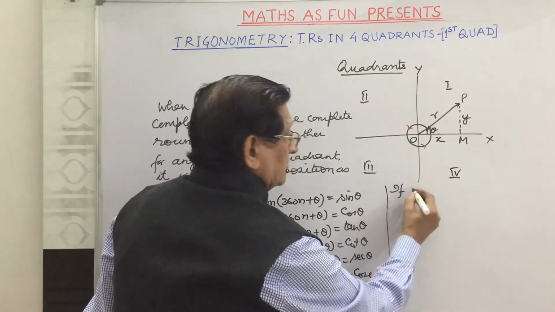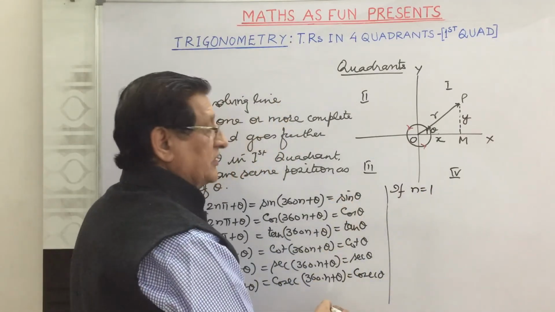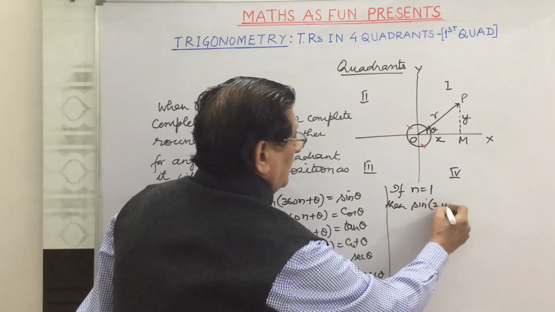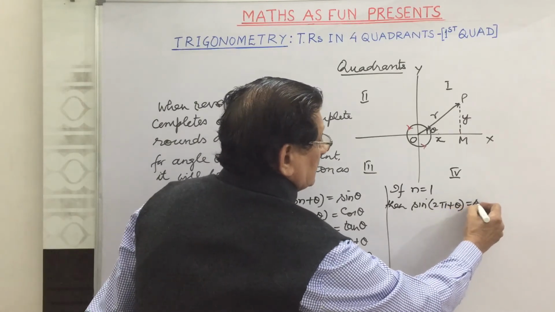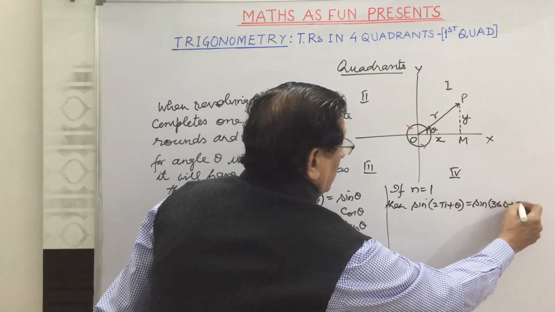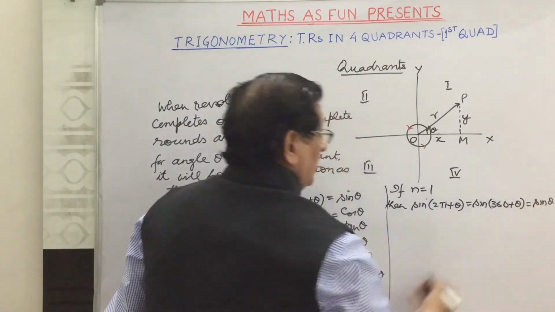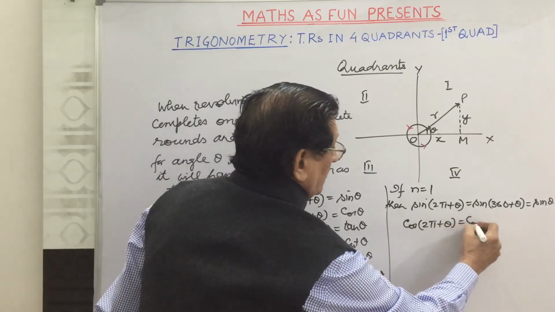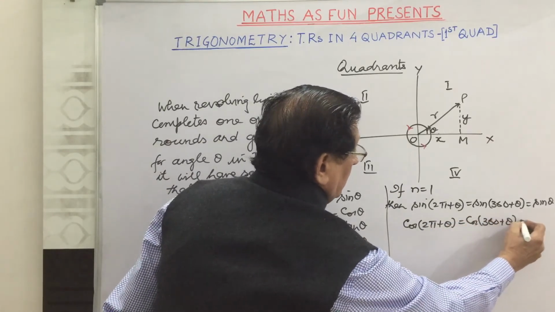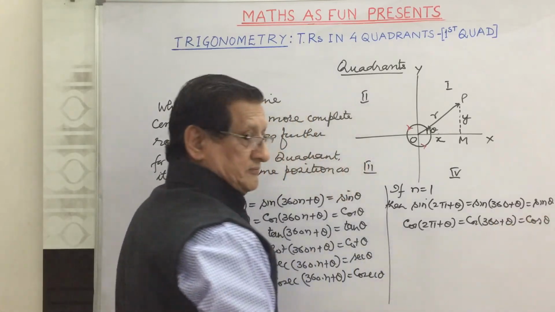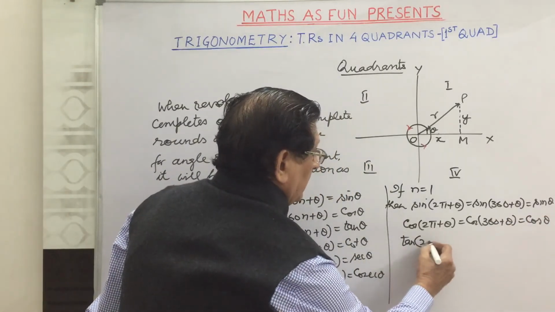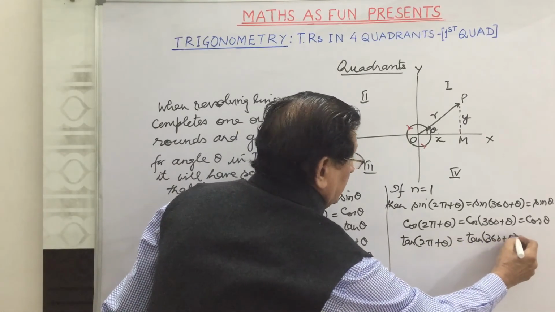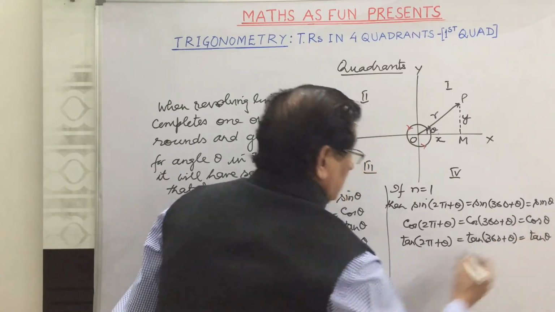Now if we put n is equal to 1 in these cases, then we find that sine of 2 pi plus theta, or sine of 360 plus theta, is also same as sine theta, and so on. Cos of 2 pi plus theta or cos of 360 plus theta is equal to cos theta. Tan of 2 pi plus theta is same as tan of 360 plus theta in degrees, and this is also same as tan theta.